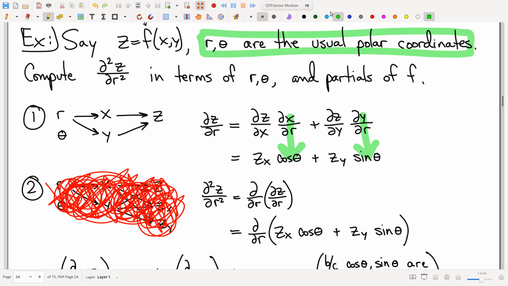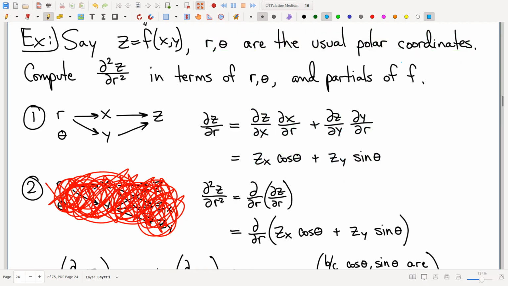And let me also point out we have this alternative notation for partial derivatives, and it's just notation, and I made the observation that at some points it's actually kind of convenient to write it with subscripts instead of as a faux fraction, right? And that's what I'm going to do here. Okay, so why did we take the first partial with respect to r?